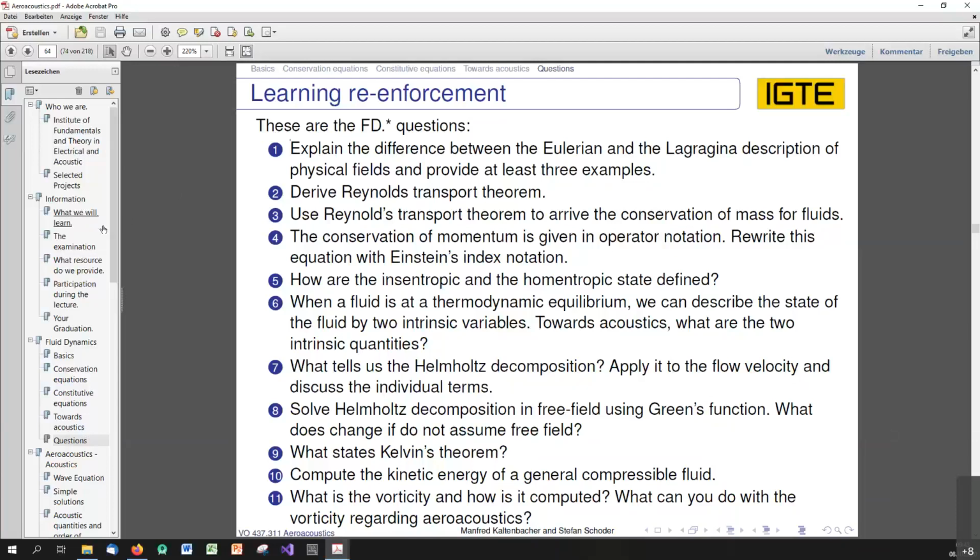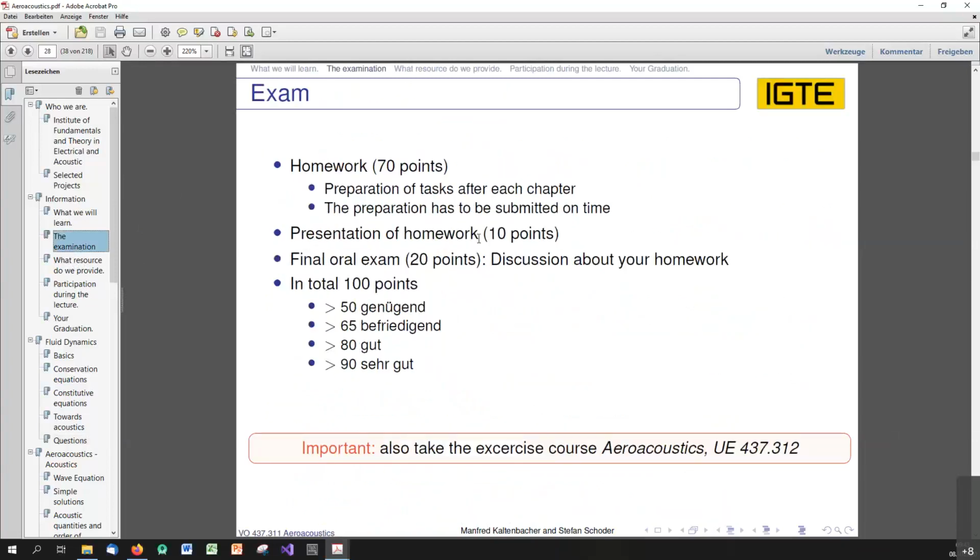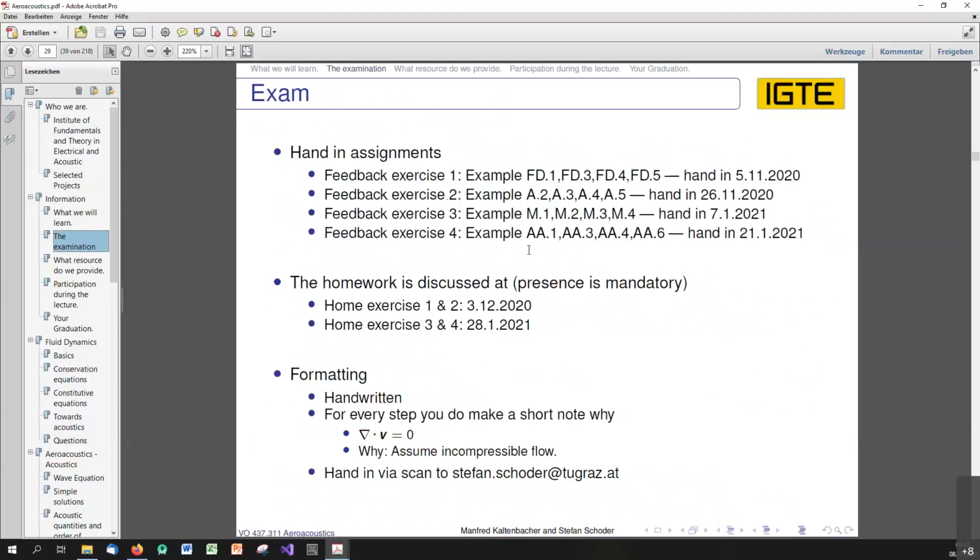So if you already know the questions, then you can ask throughout the lecture. It really depends on you how much you ask during the lecture, and then probably you already have the answers to the questions.